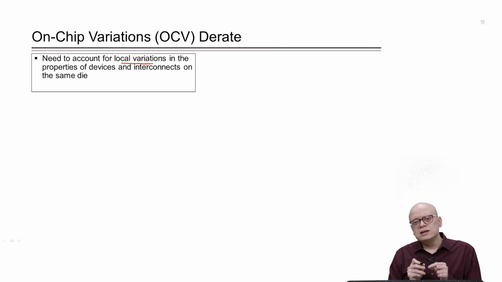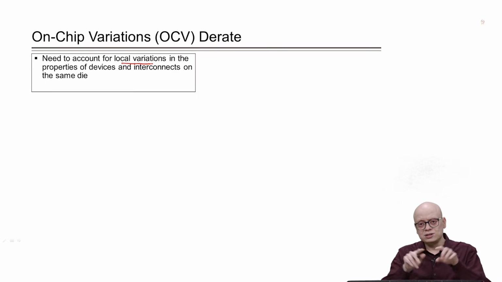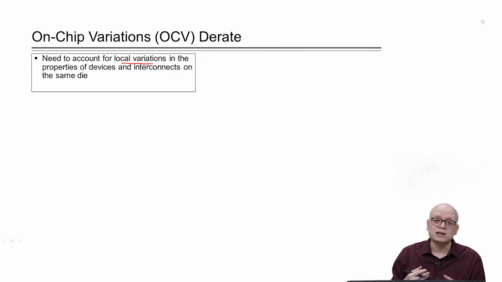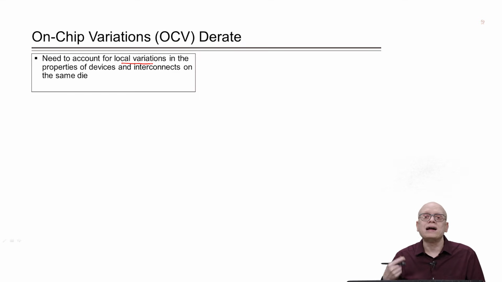Why? Because when we fabricate devices, say transistors, and our chip contains millions of transistors and lots of interconnects, there will be some local variations in their properties because of random effects, random fluctuations, right. And we cannot avoid that, we have to tackle that in our design.